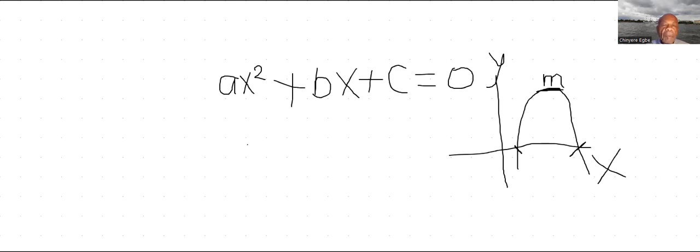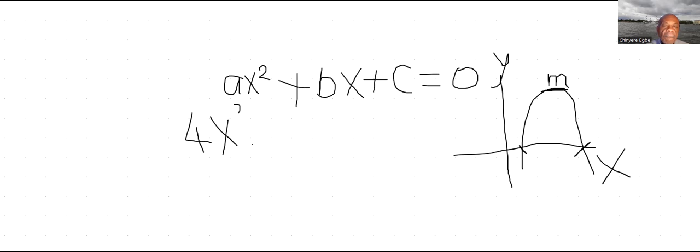So for example, I'm going to use an arbitrary function here, not one that we're going to solve. Okay, 4x squared minus 20x plus 100. This is a function. It's an arbitrary function, okay?